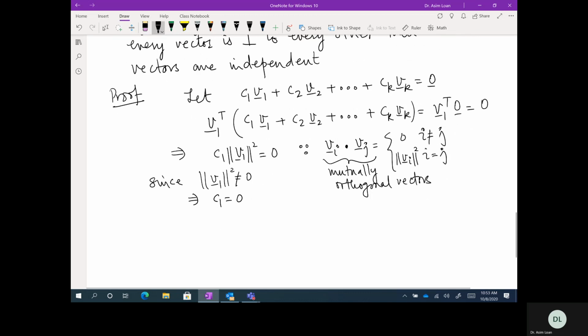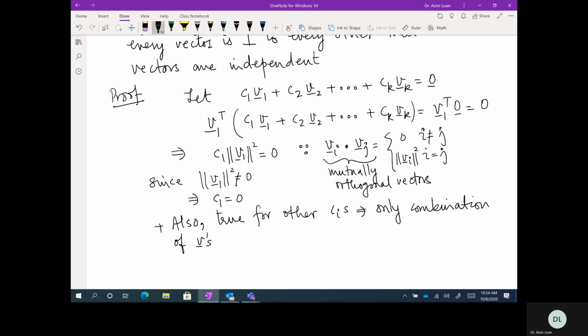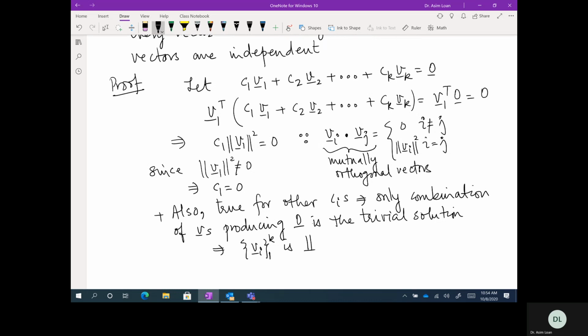And we can show this is true for all other Ci, which implies the only combination of V's producing a zero vector is the trivial solution, which implies this set of vectors Vi, 1 to k, is linearly independent.